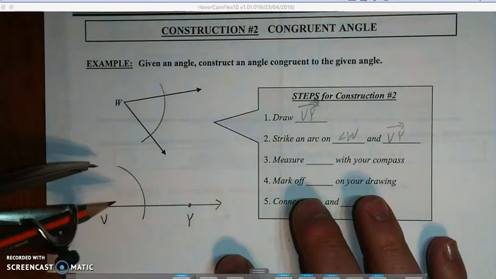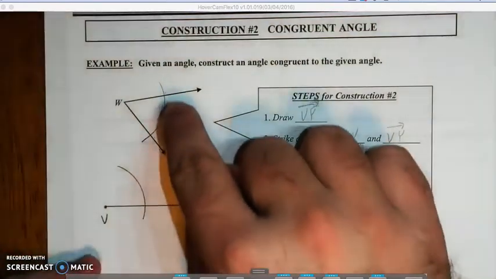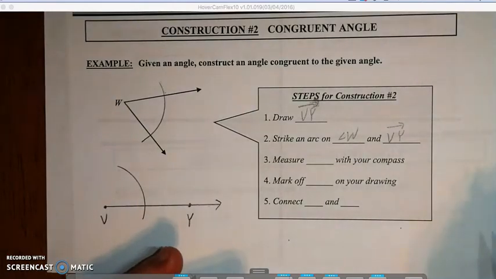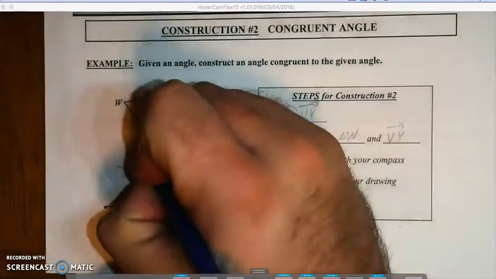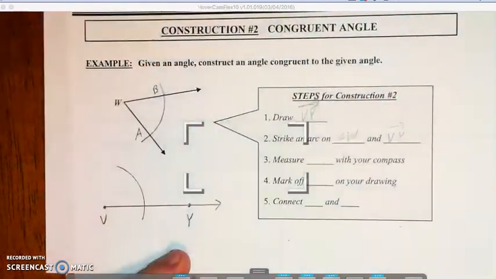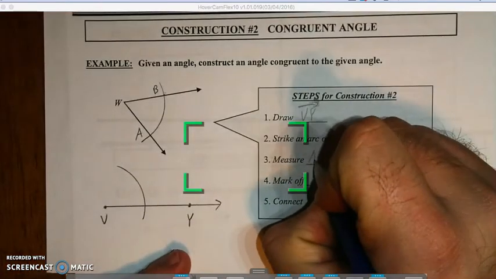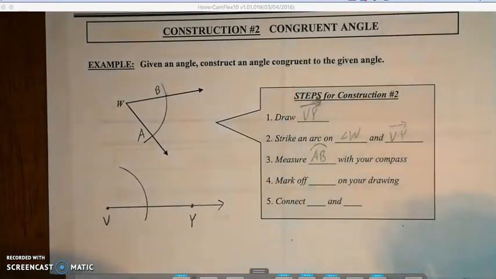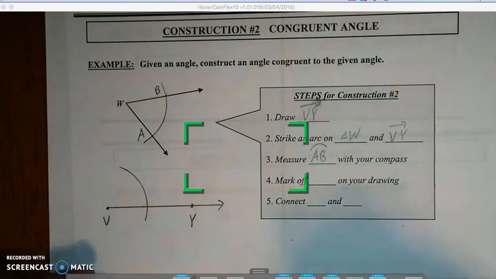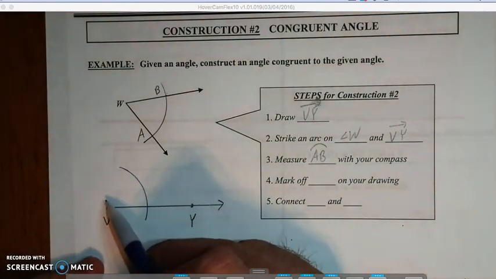I tried to make this arc about as long as this one was, because now we're going to measure this new arc, and let's call it arc AB. We're going to measure arc AB with our compass, because we know that this angle has to cross somewhere here.